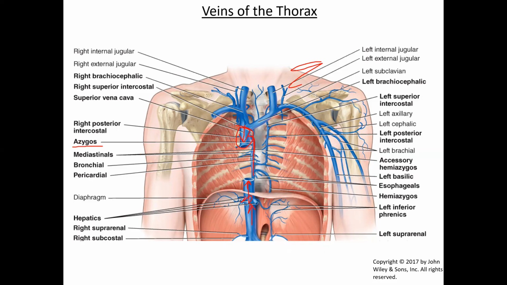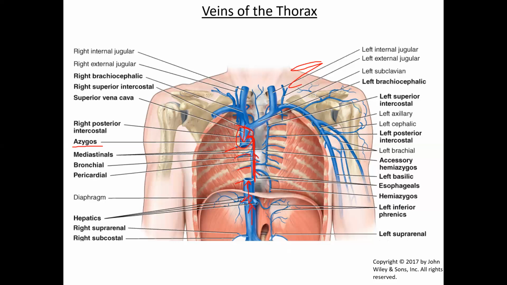It runs just to the right of the vertebral column along the posterior wall, and it drains into the superior vena cava. And you can see all of these parietal veins or muscular veins draining into the azygous. You can also see little veins here that are visceral veins also draining into the azygous. Now, on the left side of the vertebral column, we have two more veins that are going to bring blood from the left side of the thoracic wall back to the azygous vein.